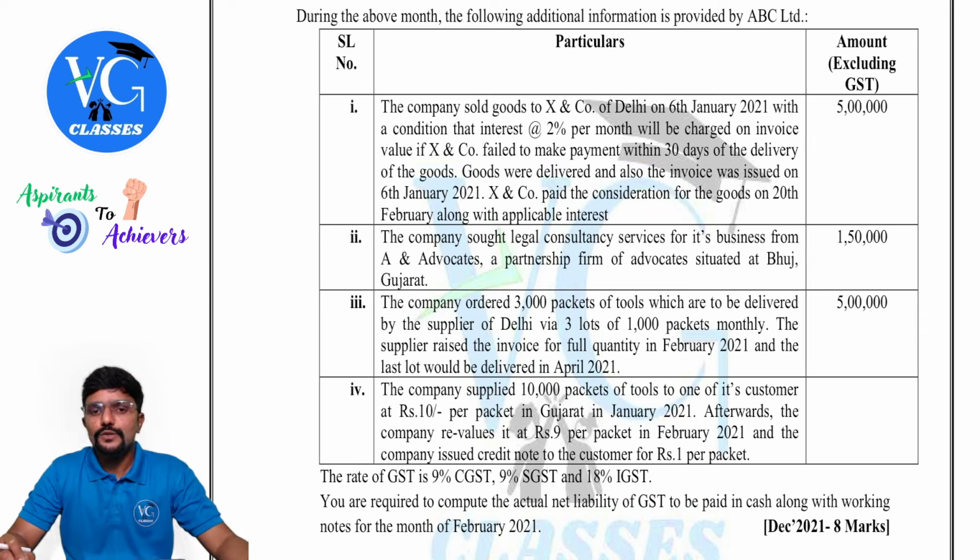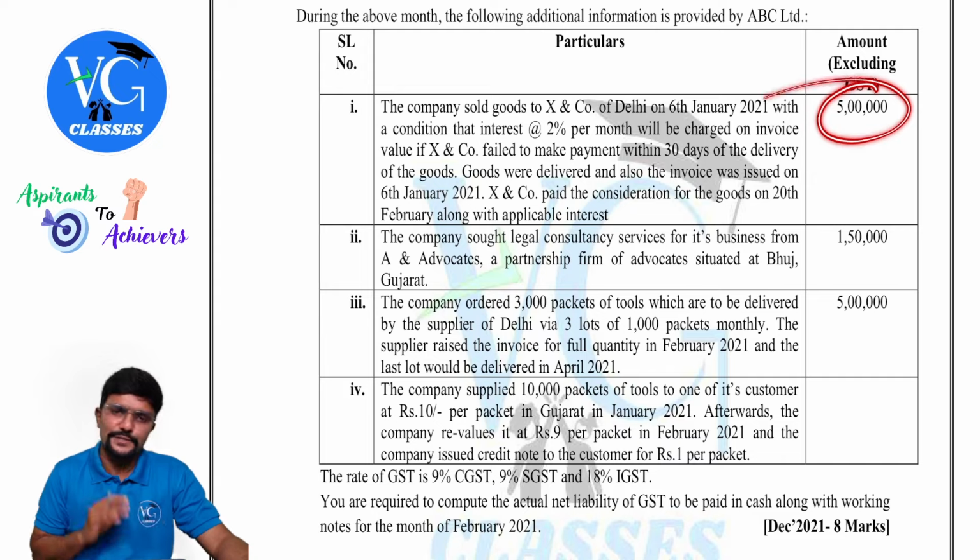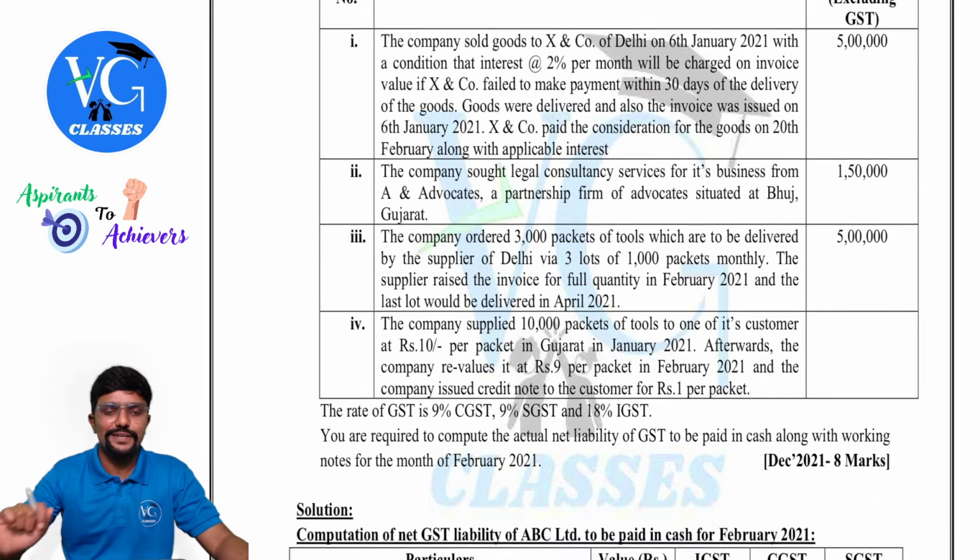Goods were delivered and also the invoice was issued on 6th January 2021. X & Co paid the consideration for the goods on 20th February along with applicable interest. Okay, along with applicable interest. So the value is 5 lakh. Okay, interest we have to calculate.